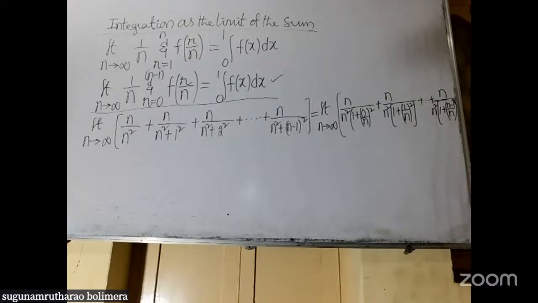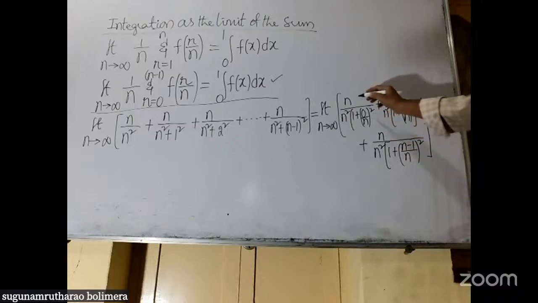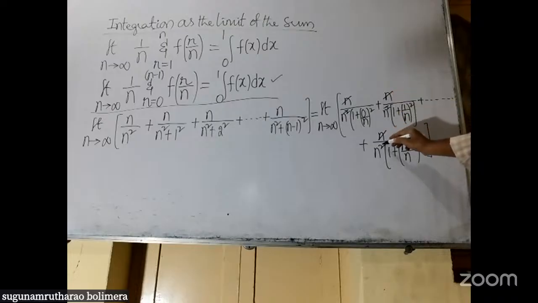So this I'll write clearly here at the bottom. Now among all of these, one n gets cancelled, so that 1 by n can be taken common.